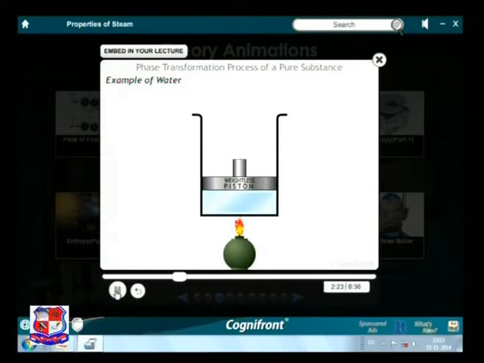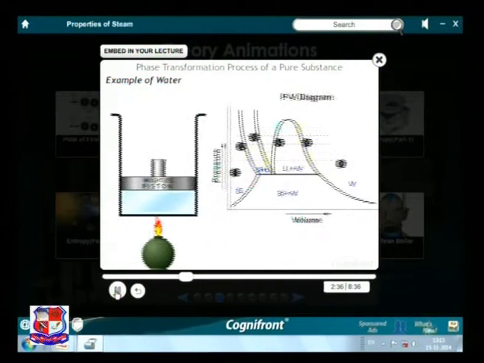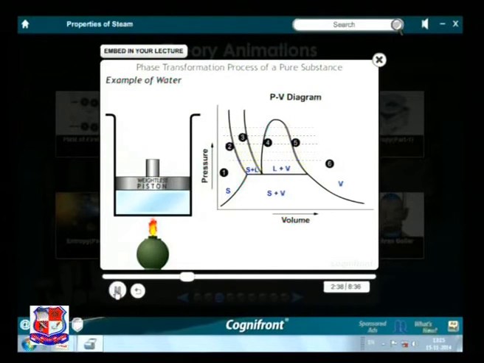Let us heat this ice at constant atmospheric pressure at different instances and observe the change in phases of water. Along with this, we will also plot each phase change on a PV diagram.